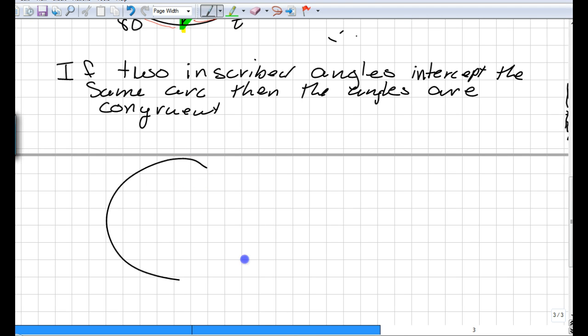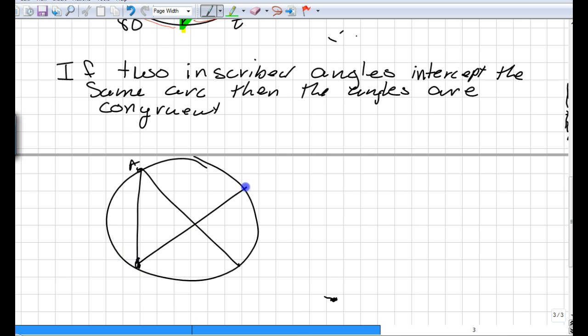an example of this is if I have this angle, angle A, and B, okay?